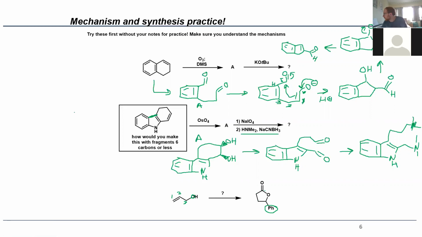And so there's a lot of things that you could possibly do. And so one thing that I'm reminded of from what we learned in class is the Johnson orthoester synthesis. And so if you remember this, we learned that treatment of allylic alcohols, homoallylic alcohols, there's one more space in between. No, it's allylic, sorry.